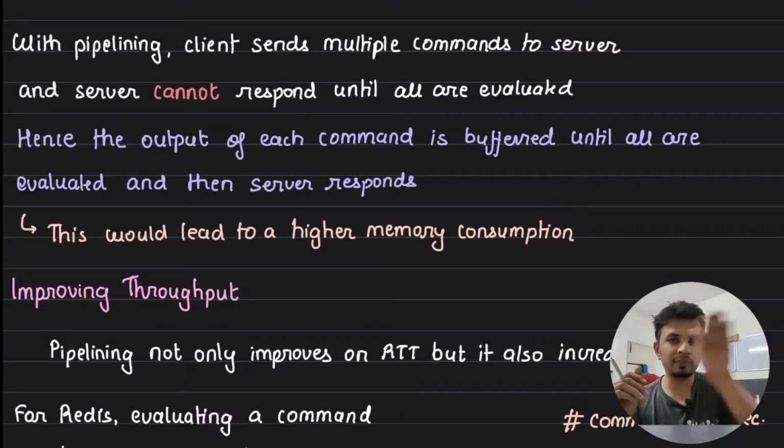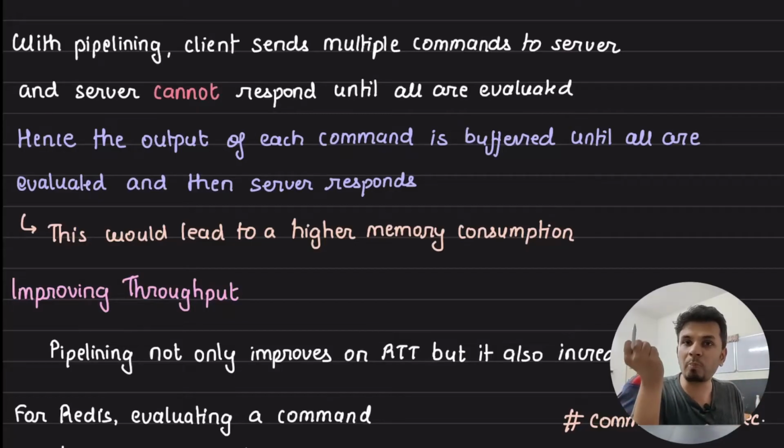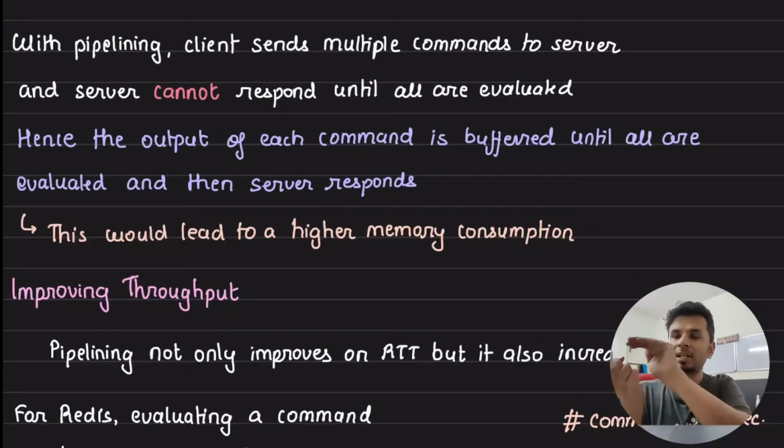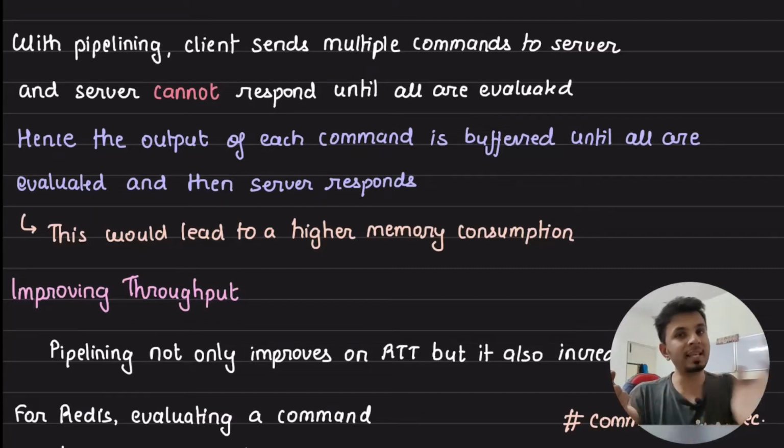Right? So in the request, if I send 3 commands, in the response, I have to send 3 responses, right? So which means that your server has to buffer the responses. If I'm sending 3 commands, then your server evaluates one, its output is buffered in memory, then evaluates the second, output is buffered in memory, evaluates the third, output is buffered in memory. And then once everything is evaluated, it sends back 3 responses.